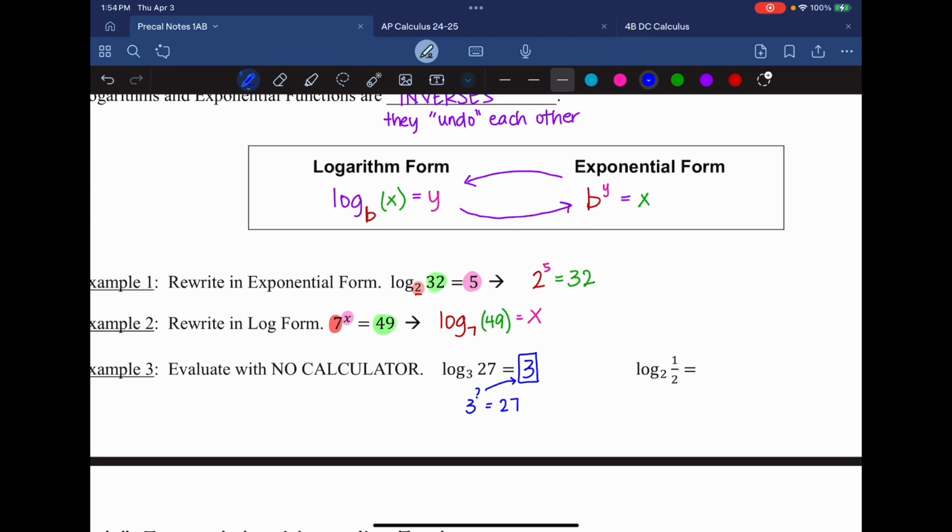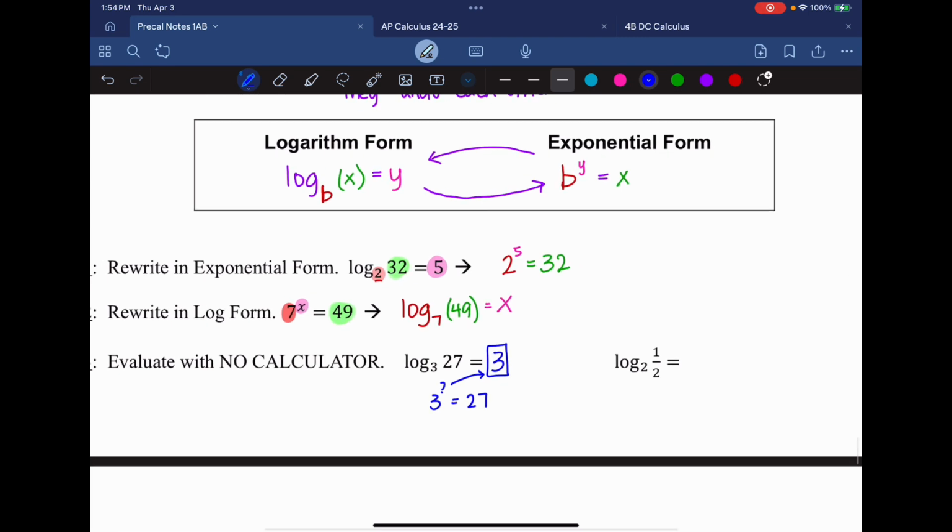Log base 2 of 1/2. So if I have 2 to what power equals 1/2. Well, the only thing that can move a base from top to bottom is by changing the exponent to negative.